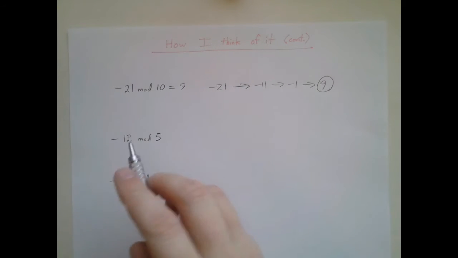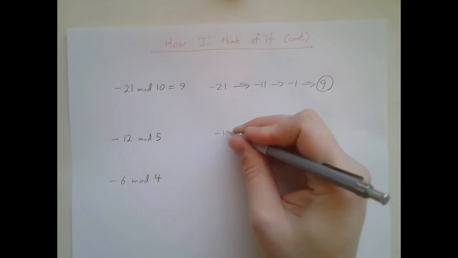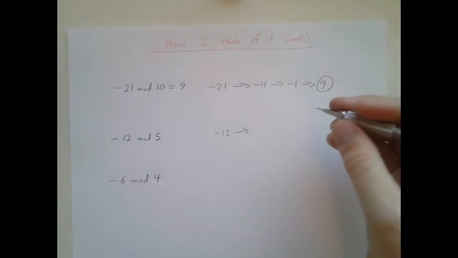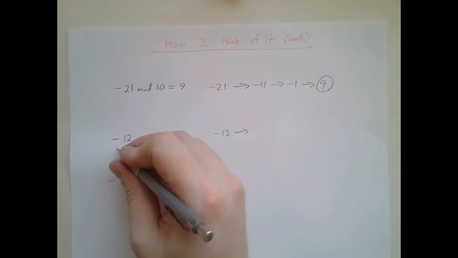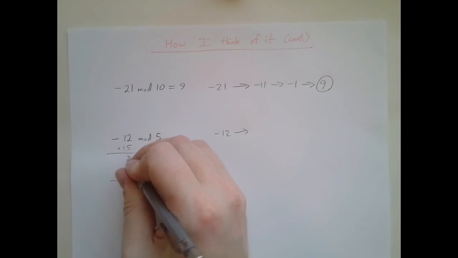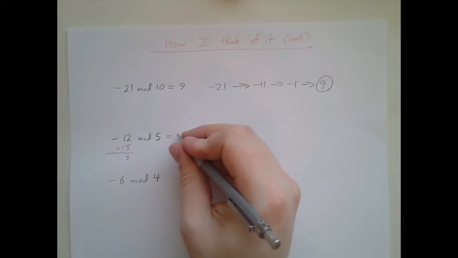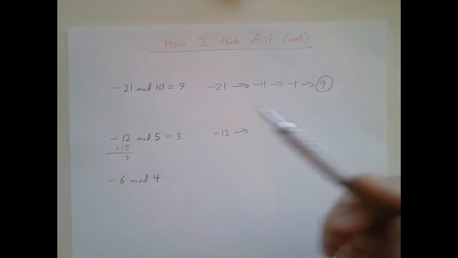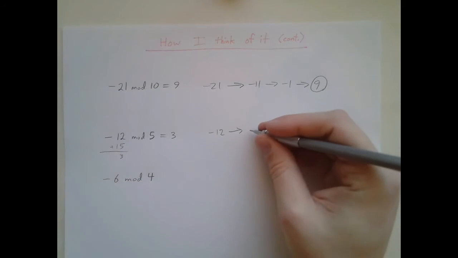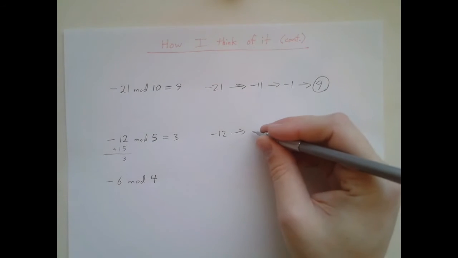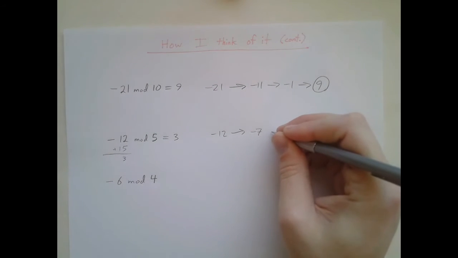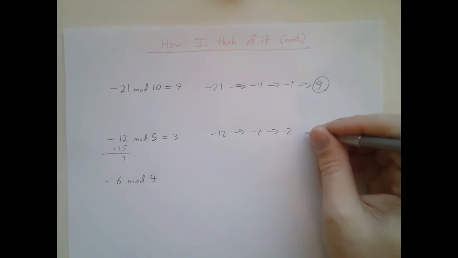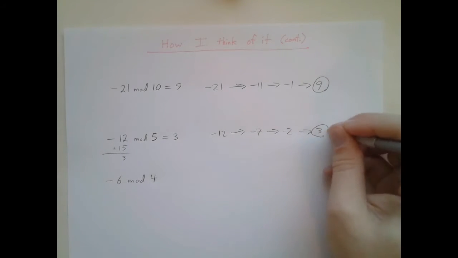And negative 12 mod 5, you just add 5 a few times, which basically I'm just going to add 15 as a shortcut. That equals 3. So add 5 3 times. That's how much it takes. We'll do it the long way. Negative 12 plus 5 would be negative 7, plus 5 would be negative 2, plus 5 would be 3.